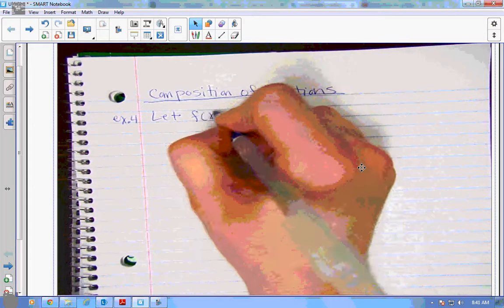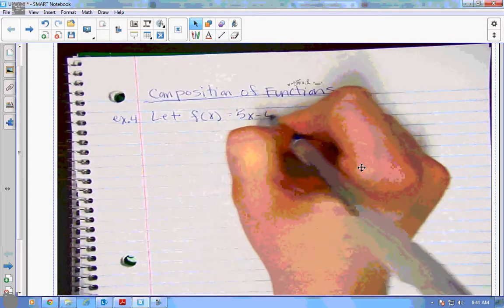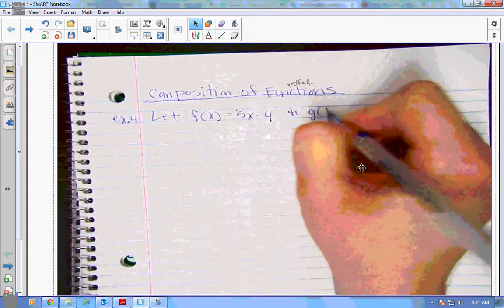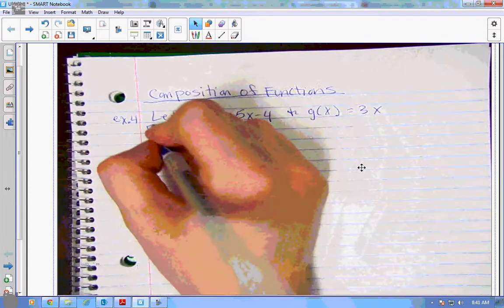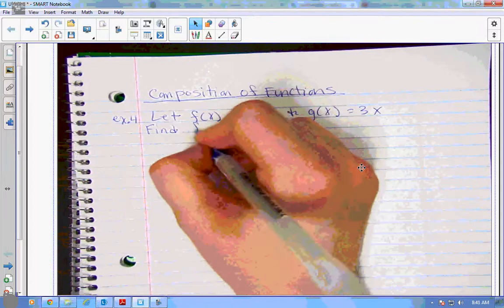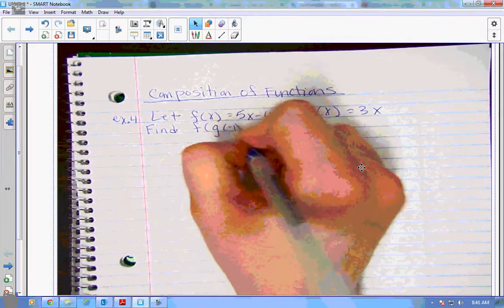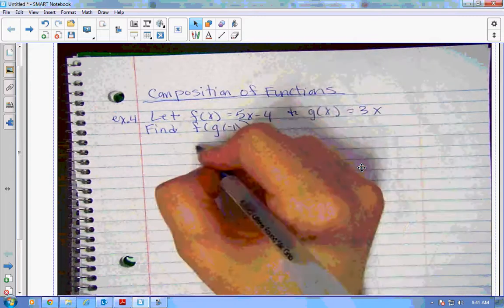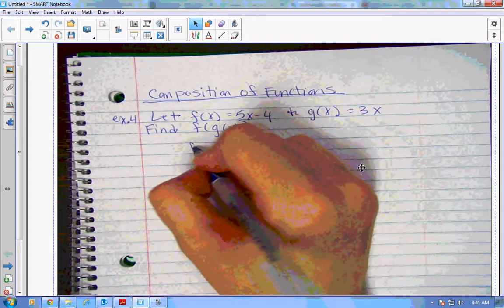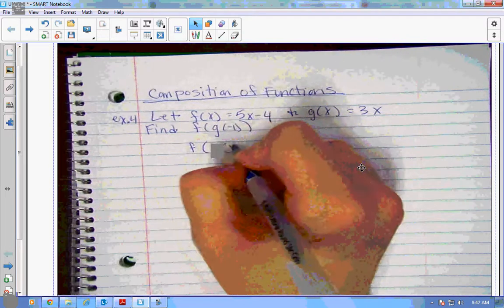Let f of x equal 5x minus 4 and g of x equal 3x. We're going to find f of g of negative 1. Now, the key with these is you have to start on the outside. And let's start simply. Let's just ignore the negative 1 until the end. Let's do f of g of x.